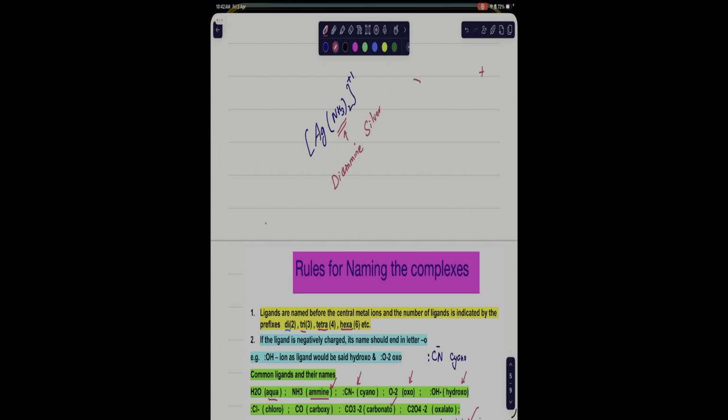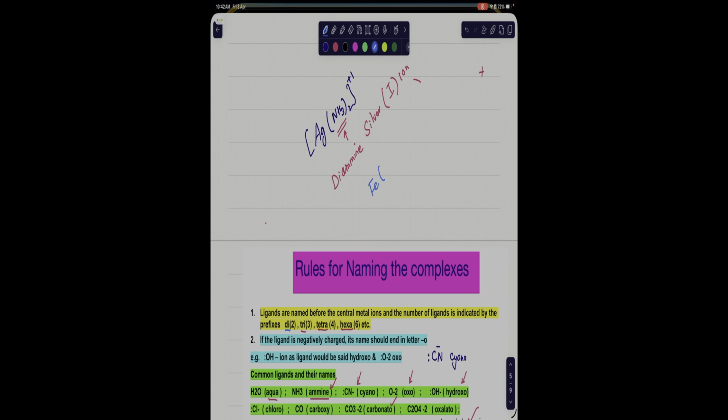As you will know, ammonia is a neutral ligand, so whatever charge is given on the top of the complex is due to silver. So the silver oxidation number is 1, and that we write in Roman numeral, and this is an ion. So you can see there are 2 ammonia ligands, so we say diamminesilver(I) ion. Right? Now let me take one more example for you.